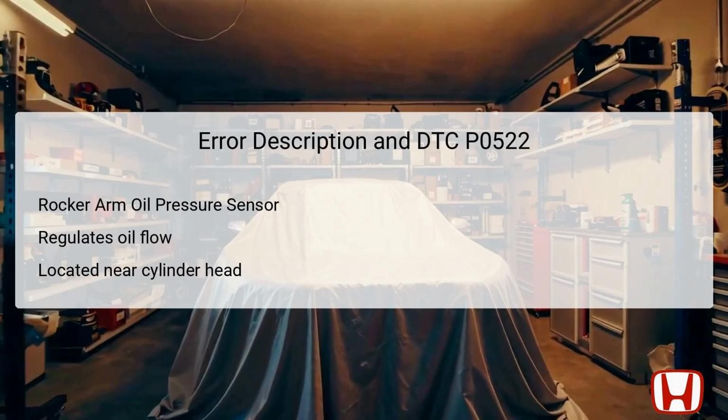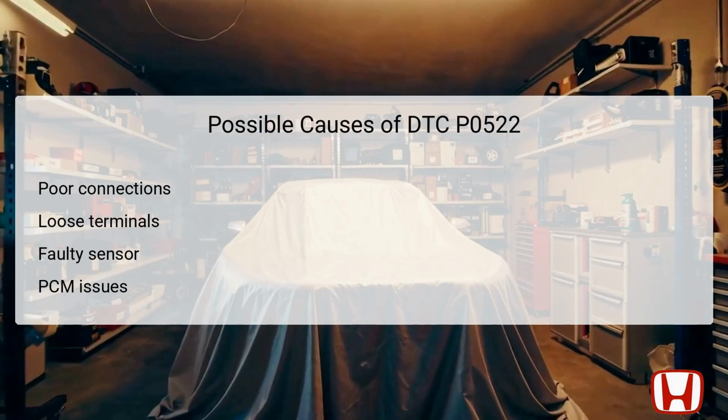Anomalies in the readings from this sensor can also lead to poor engine performance, making it critical to address the issue promptly. Several factors can contribute to the occurrence of DTC P0522. The most common causes include poor electrical connections that might disrupt the signal from the rocker arm oil pressure sensor to the PCM.